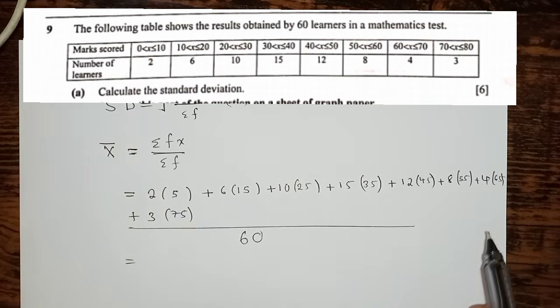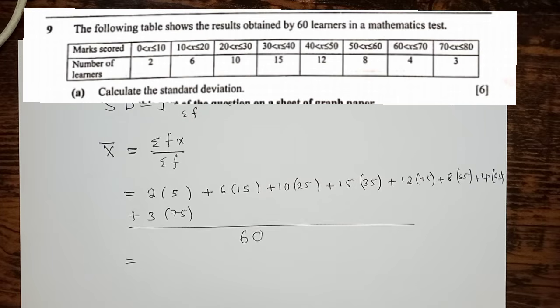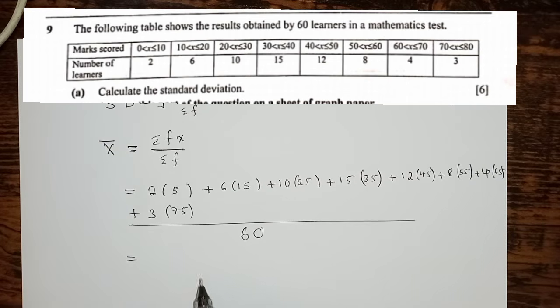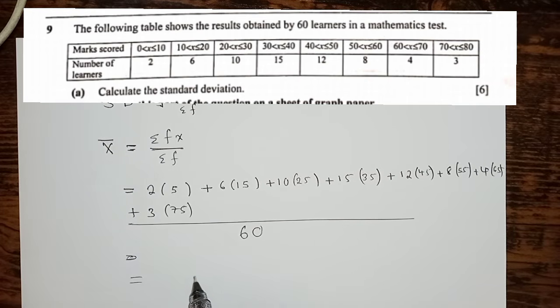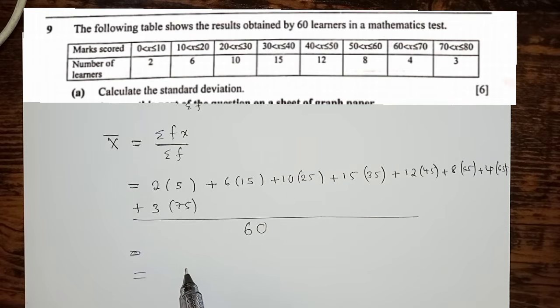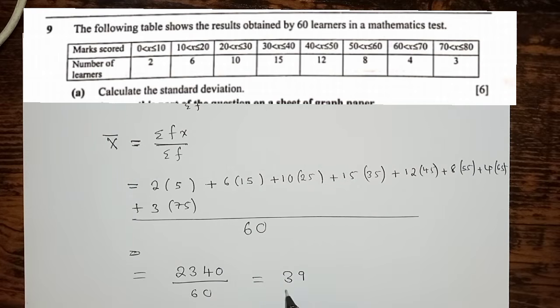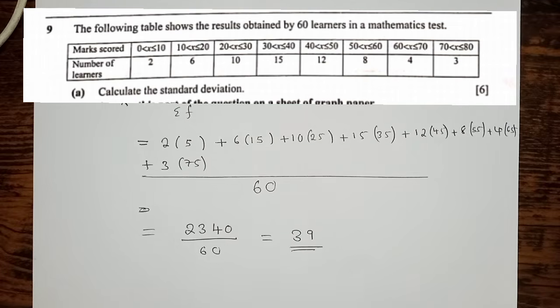So when you punch on a calculator, you find that your answer will be equal to 2340. You divide by 60. There you get 39. So our mean is 39.